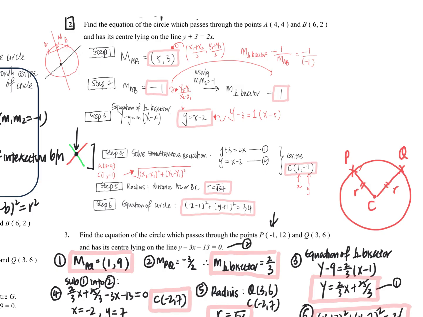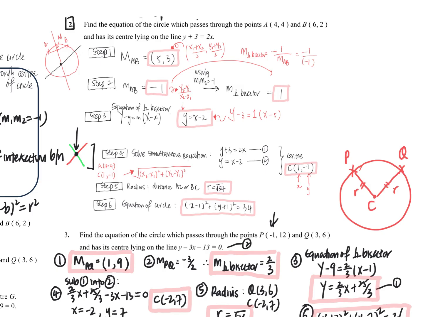They give me 2, but they never give me the other line that passes through the center. They give me the bottom line, which helps me get the gradient. So I have the center now. I want to find the equation of the circle. What should I find? Radius. So I find the radius of the circle, which is the distance between here or the distance between here. You choose.